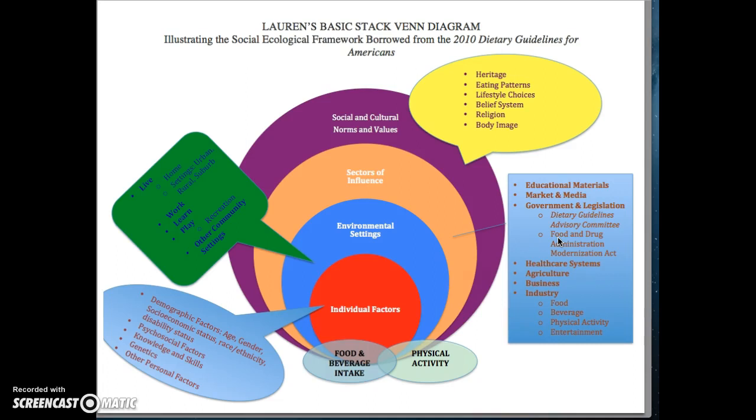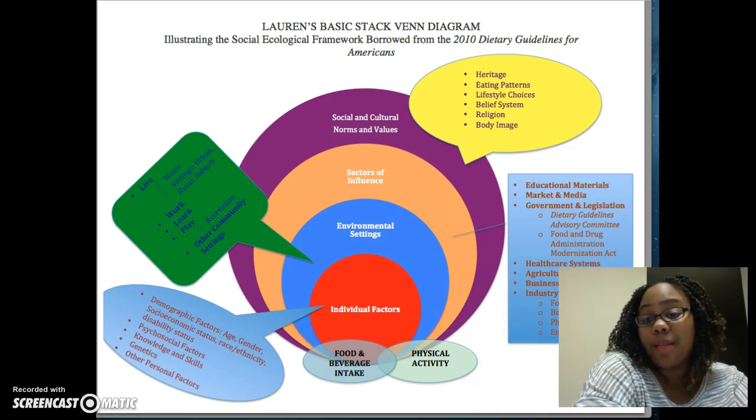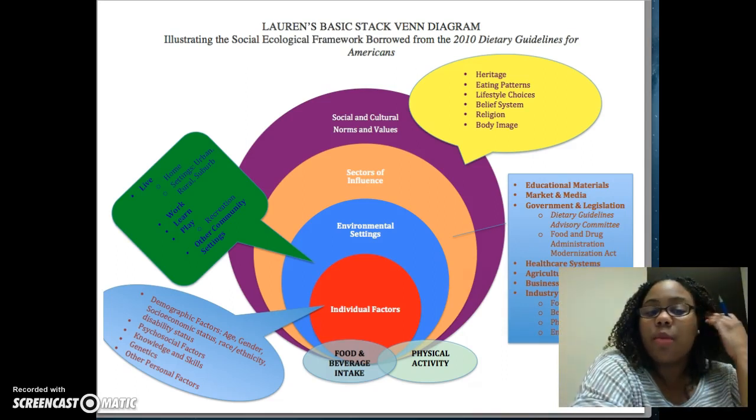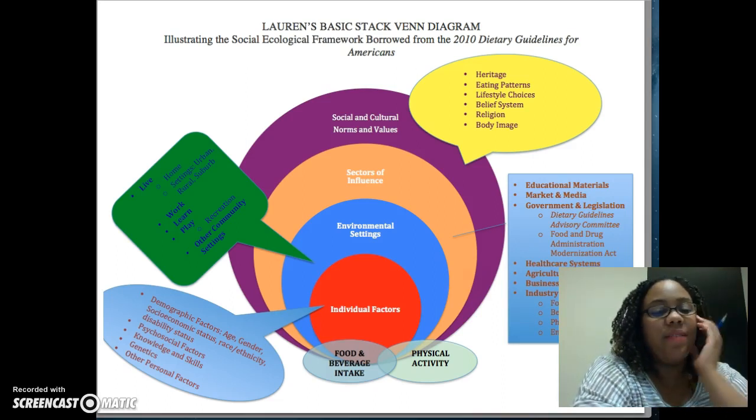And then environmental settings, where we live, not just what type of home you live in, but specifically the settings, whether it was an urban setting, rural setting, suburban area, also work. And I really appreciate a link that I received in regards to looking at the context of how work environments also affect and influence our food and beverage intake and physical activity.